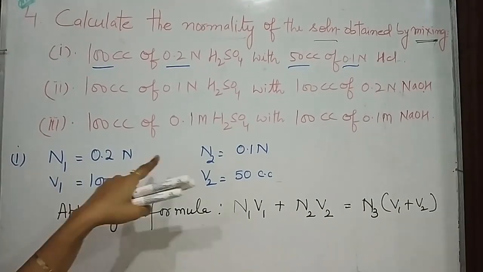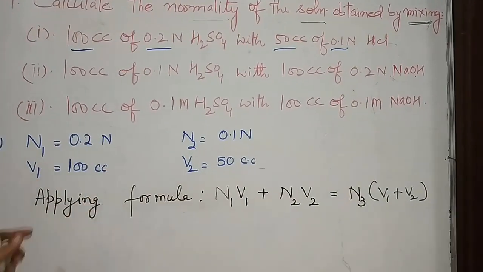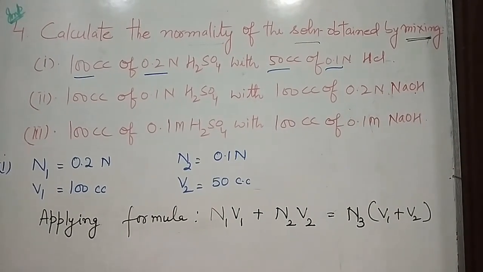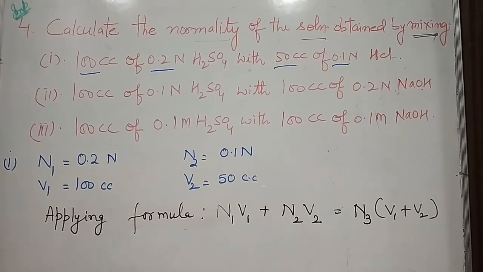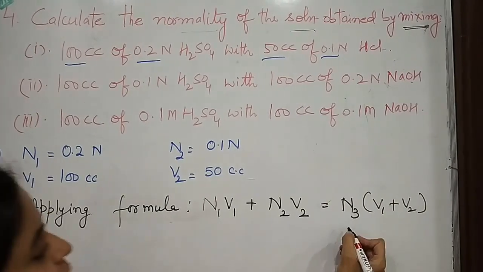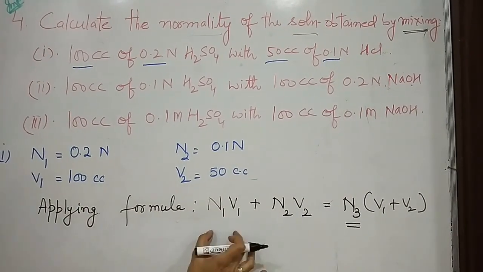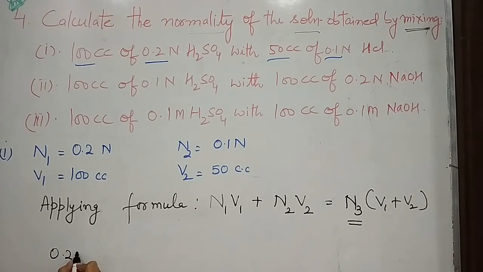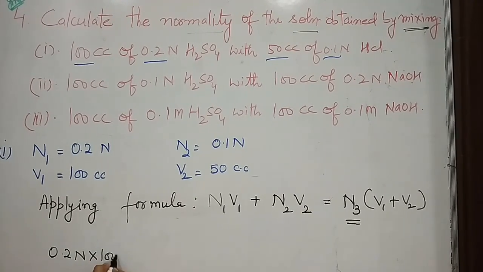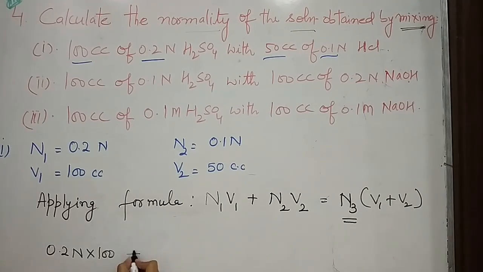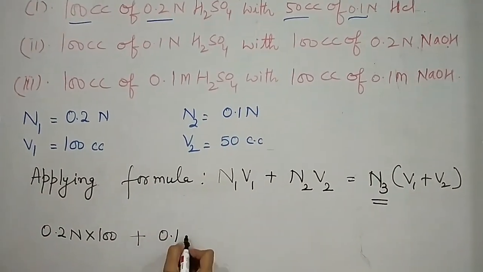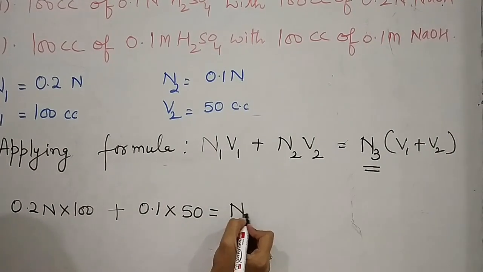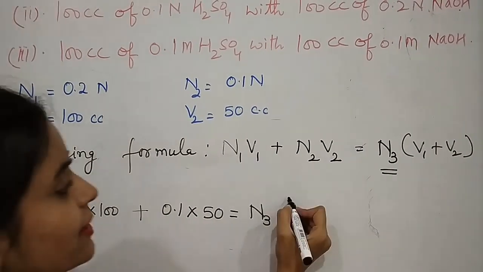Now these two are the acids which are mixed together and a resultant solution is formed whose normality changes. That means you have to find out this N3. Firstly, substitute these values. N1 is 0.2 into volume 100 cc plus N2 is 0.1 into volume 50 cc. It is equal to N3, which we have to find out, into V1 plus V2.